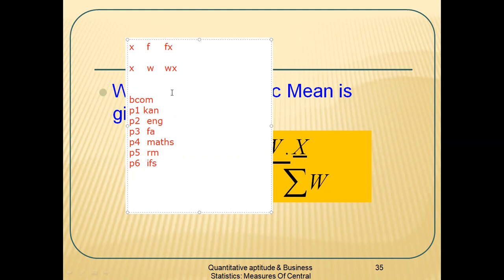Now when job recruitment is happening, they first want to eliminate certain people who are not good academically, and retain others.